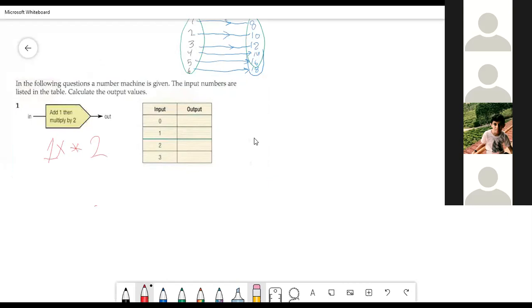So 1x means x, times 2. So this is our rule in this case. Please try to finish this in your notebook right now.